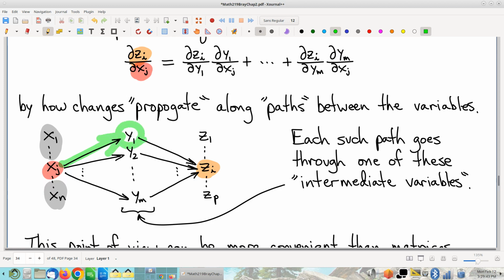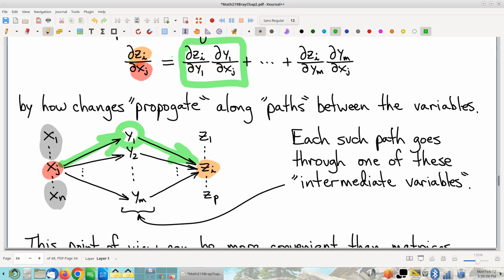And as y1 changes, that will cause zi to change. And that's where this term comes from. Right? You change xj, this partial derivative here tells you how much y1 will change, and then this factor here tells you how much more will be contributed to how much zi is changing.